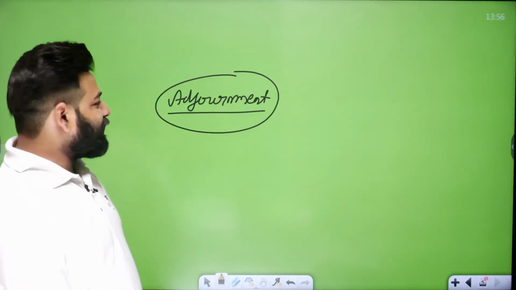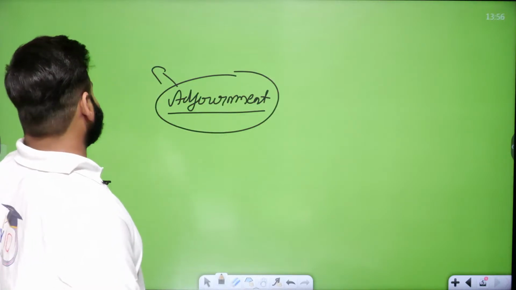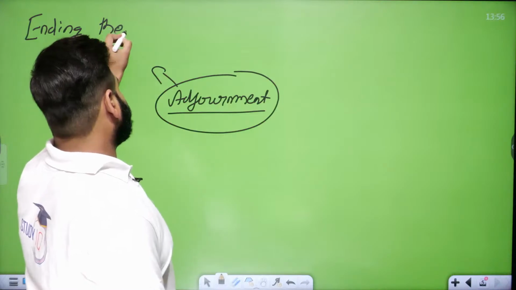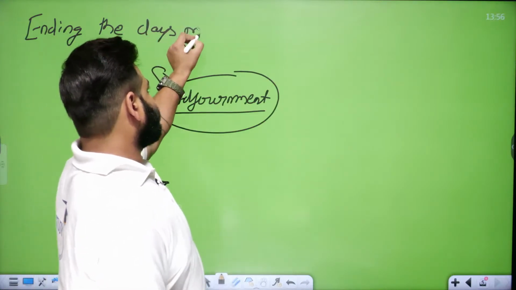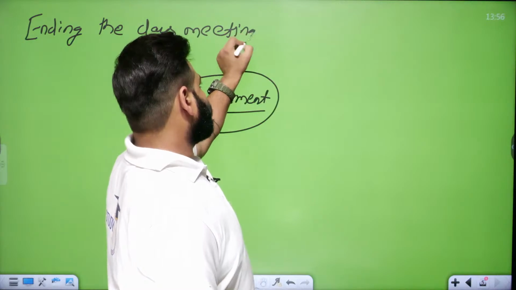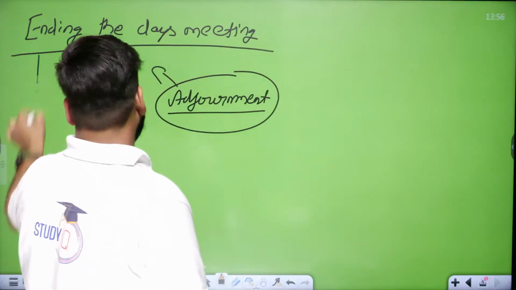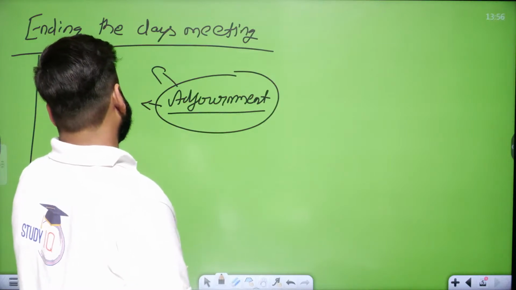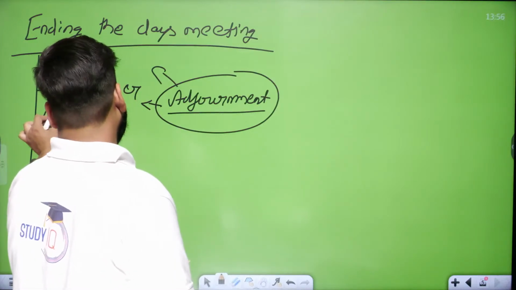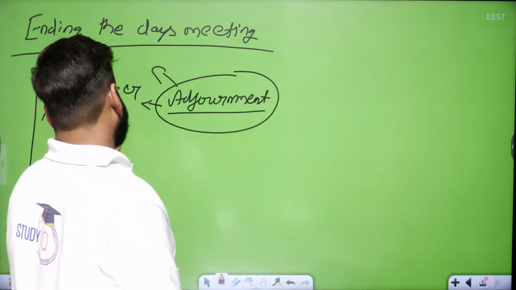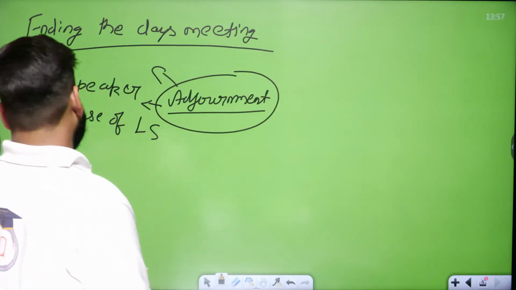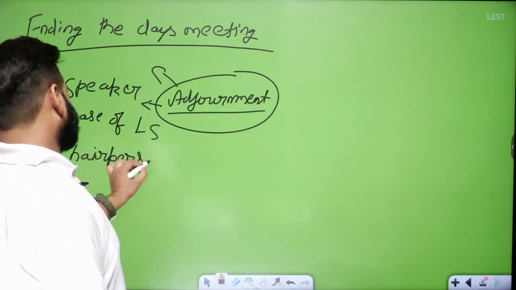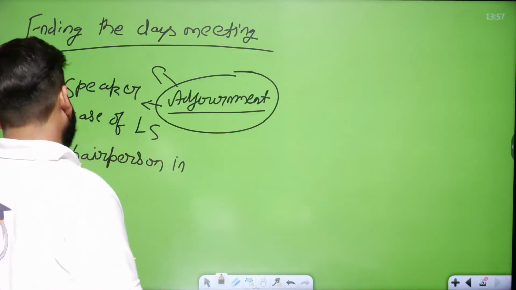So adjournment. What does this basically mean? Ending the day's meeting. Who has the authority to adjourn? It is the speaker in case of Lok Sabha, or the chairperson in case of Rajya Sabha.